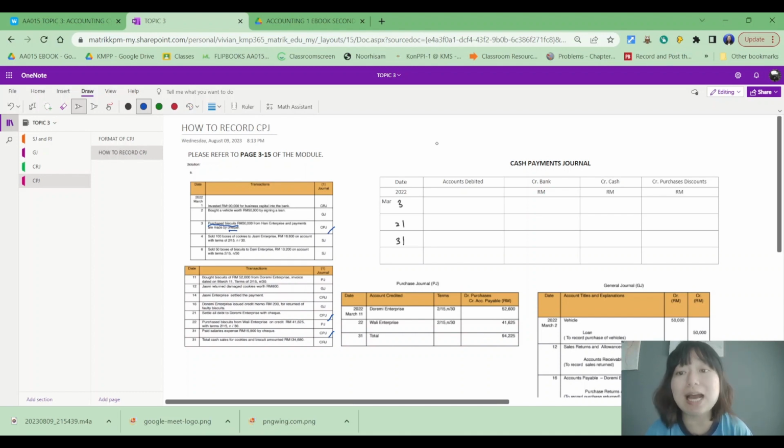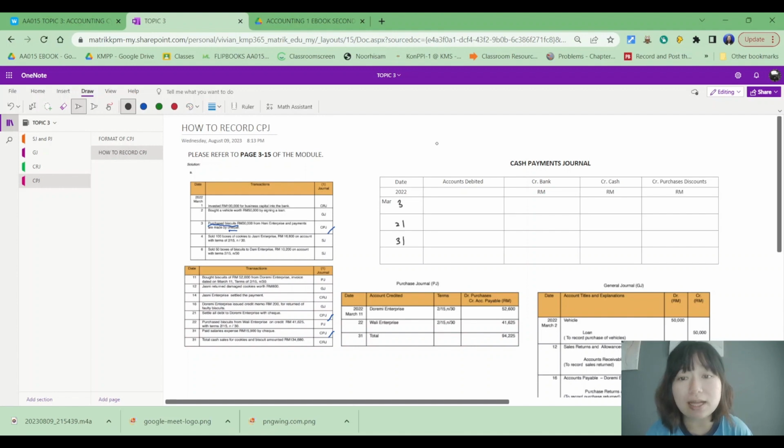So similar to CRJ, normally I will put my figures first into the CPJ. So now the figure would be 30,000. Okay, then I have to consider whether I shall put it into bank column, cash, or purchase discount. So obviously it has nothing to do with the discount, because it is related to check.